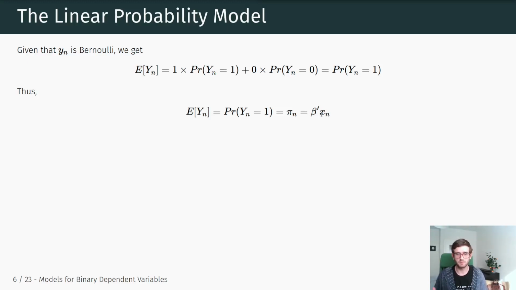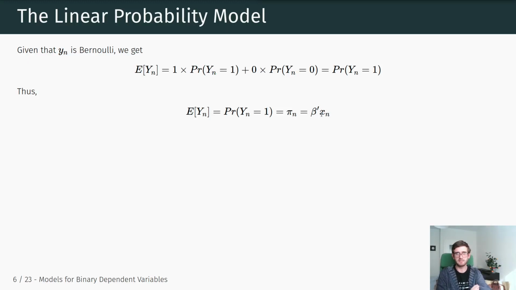But it also leads to certain disadvantages, right? Because ultimately, and we'll get to that in the following slides, that can lead to predictions that are outside of the range of outcomes that we actually should observe, right? Probabilities are bound between 0 and 1.